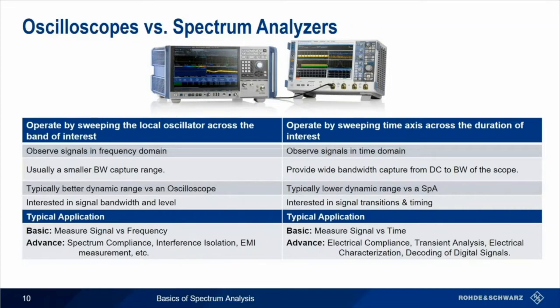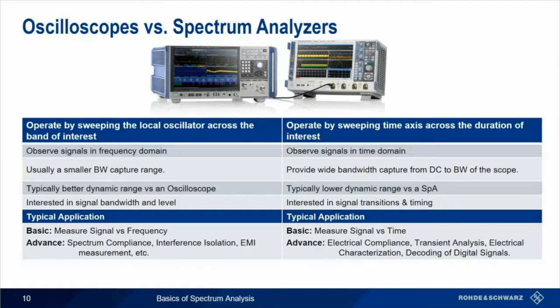With an oscilloscope, you're usually interested in signal transitions and timing of signals, maybe in relation to each other. You also get multiple inputs on the oscilloscope, whereas most spectrum analyzers have a single input. So in an oscilloscope, the typical application is to measure the signal versus time.